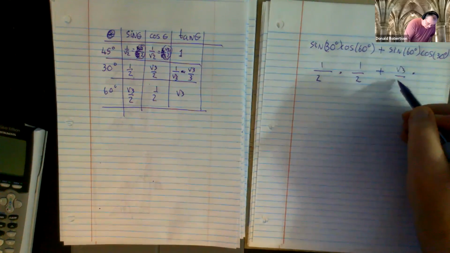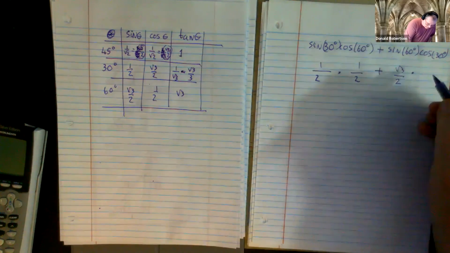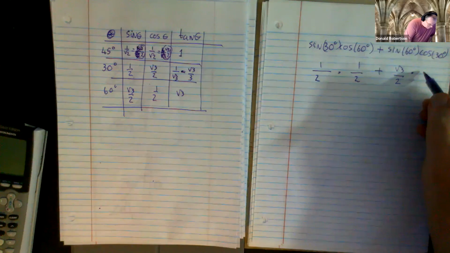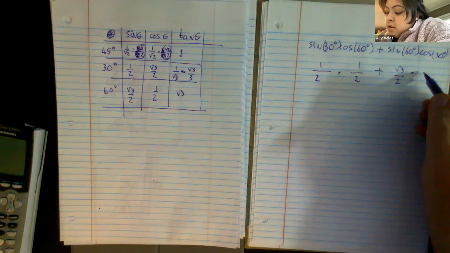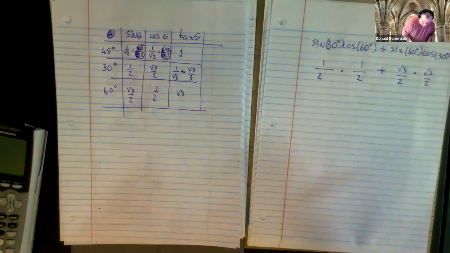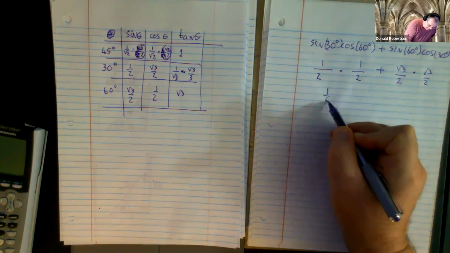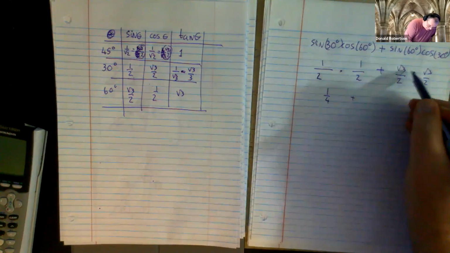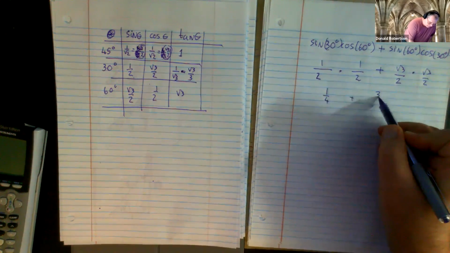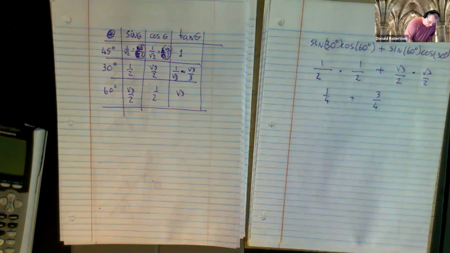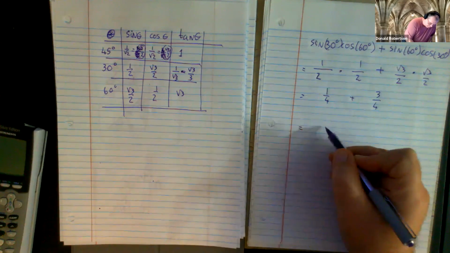And cosine of 30? Root 3 over 2 again. Do you see that these two give me a quarter? And if I multiply root 3 by root 3, don't you get 3/4? And wait a minute, you can add these together and don't you get 4/4?